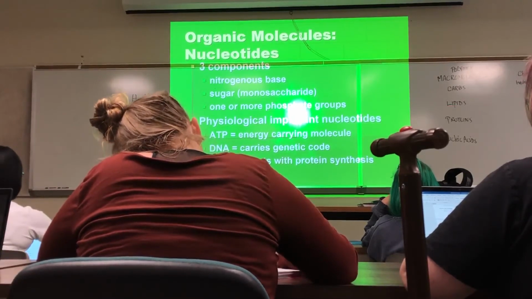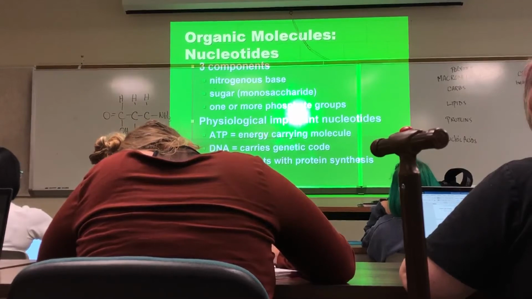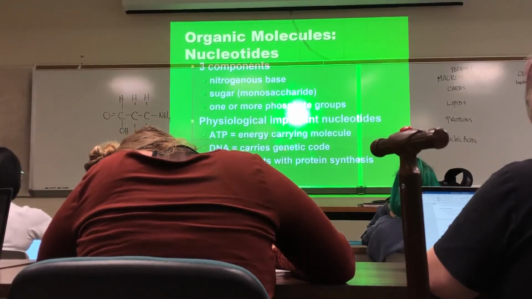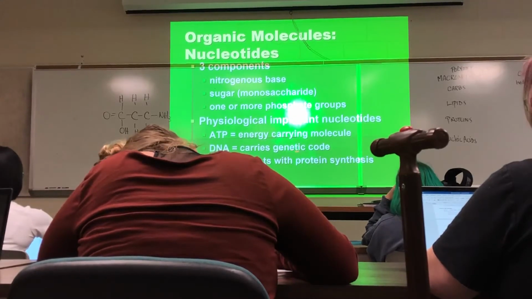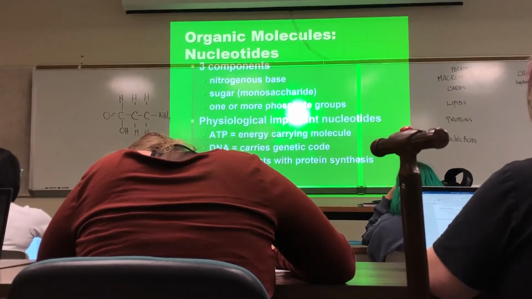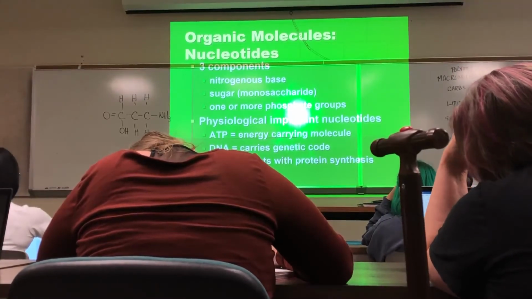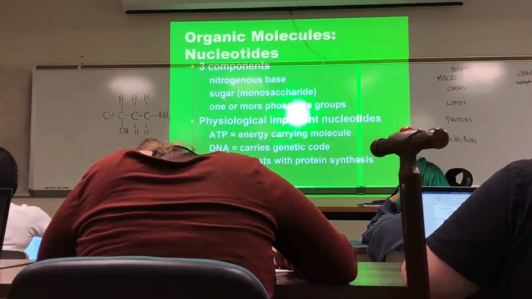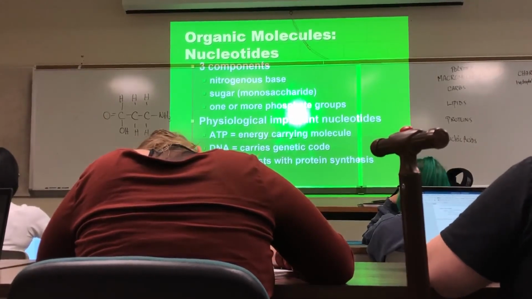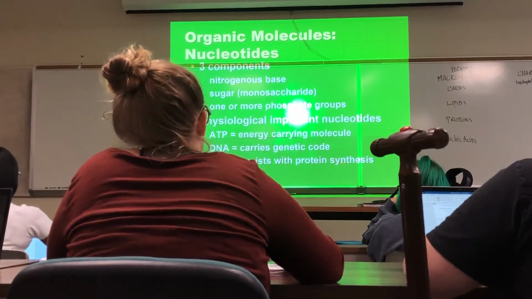But in terms of their characteristics, you can say they either carry energy, look at that, they are the structure that holds the genetic information, and they're involved with making proteins. So the characteristics are these three components, and the functions are all three of these: energy, genetics, and proteins.